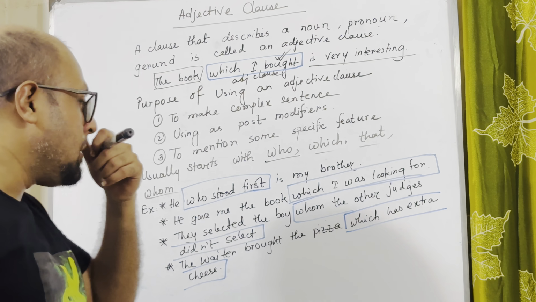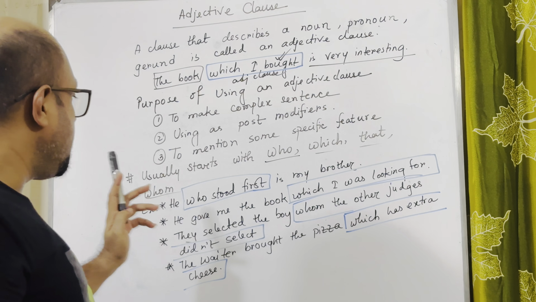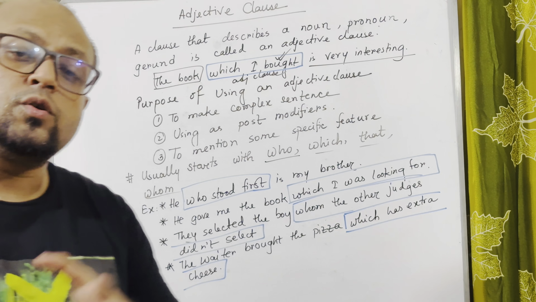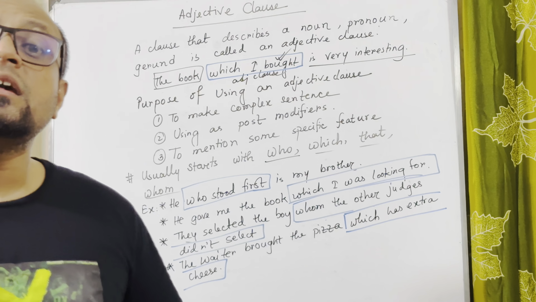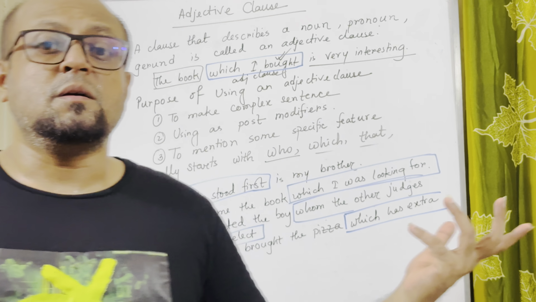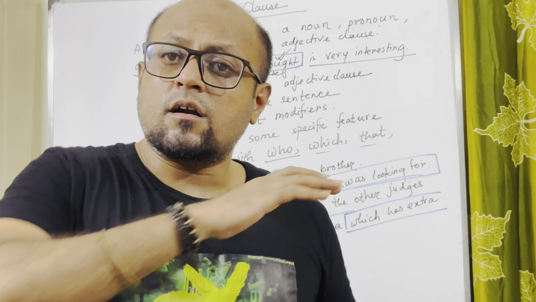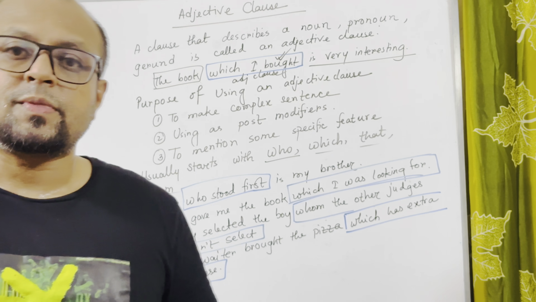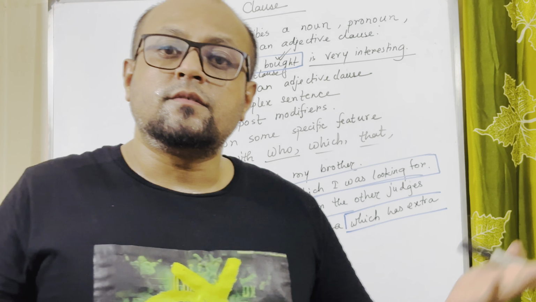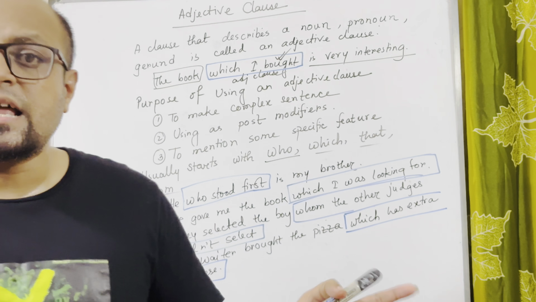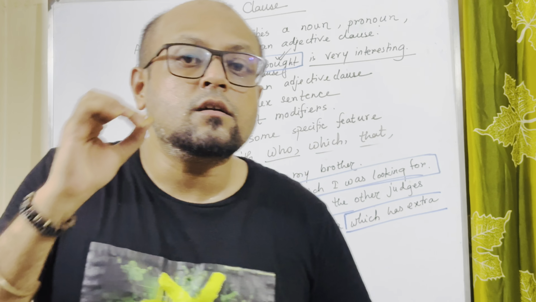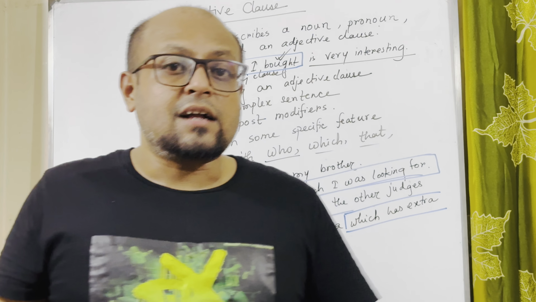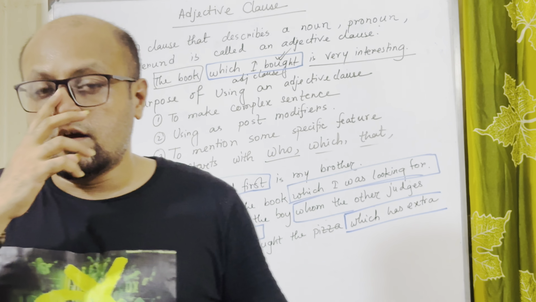So let's take real life examples. Number one, he who stood first is my brother. Here we are describing the pronoun he. We use pronouns in place of nouns, but you cannot identify who that person is just with the word he or she.